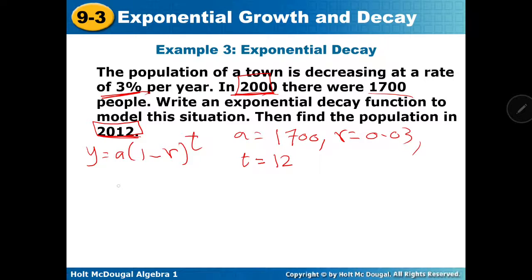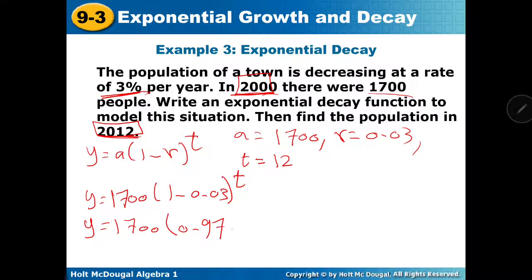Now substitute for a and r. y equals 1,700 multiplied by (1 minus 0.03) all power t. To simplify, it will be 1,700 multiplied by 0.97 all power t.